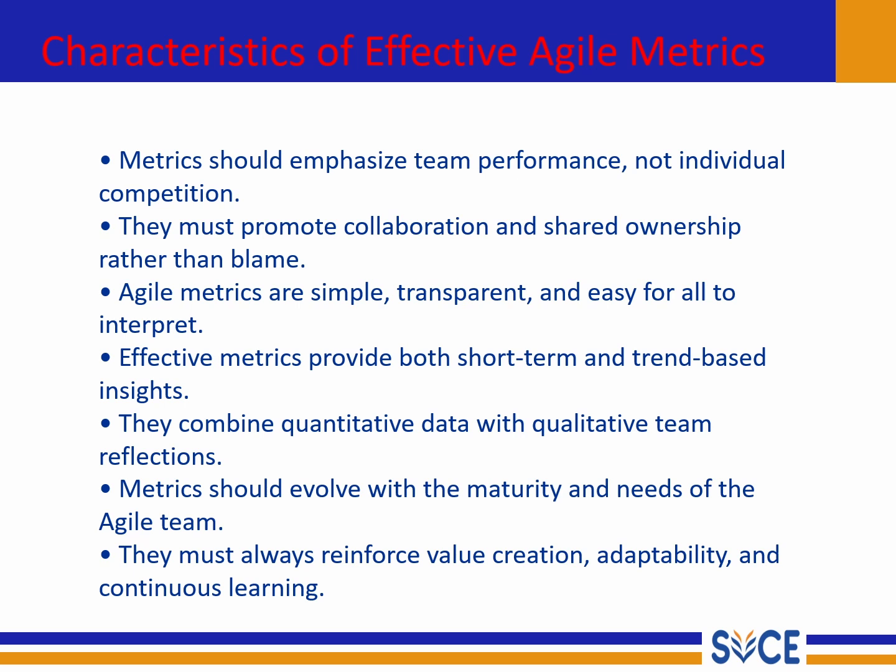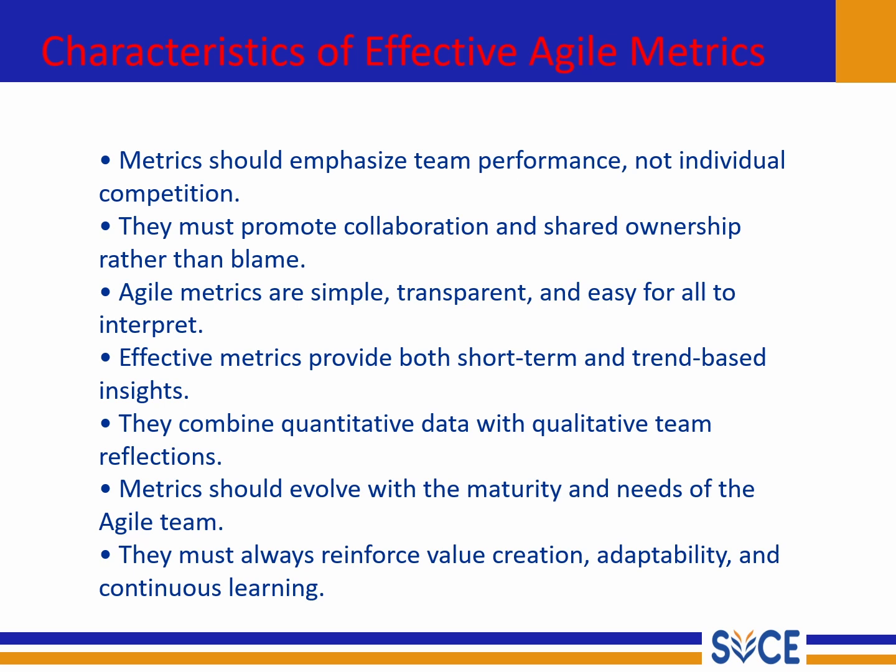The metrics should emphasize team performance, not individual competition. They must promote collaboration and shared ownership rather than blame. Agile metrics are simple, transparent, and easy for all to interpret.